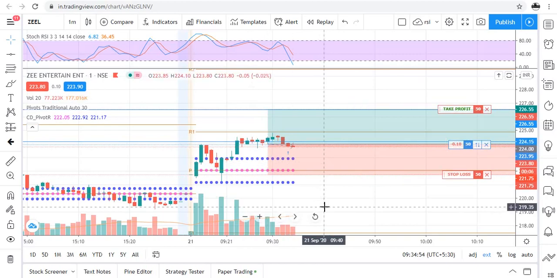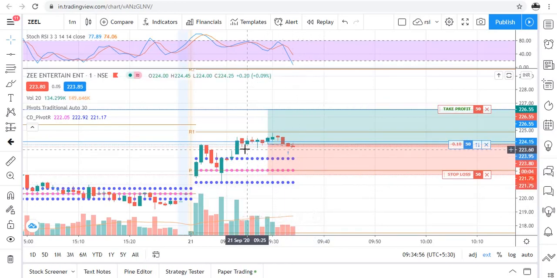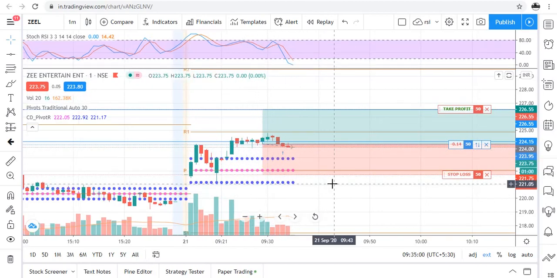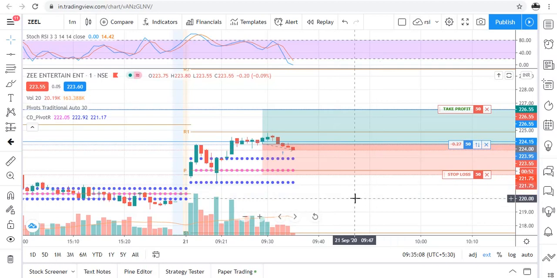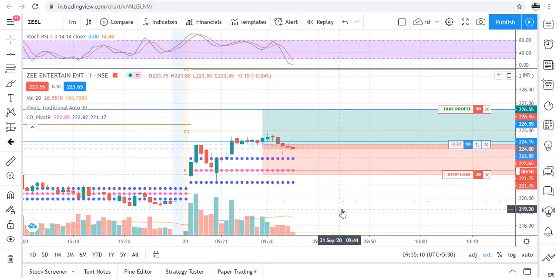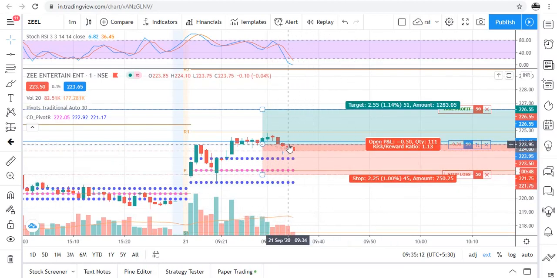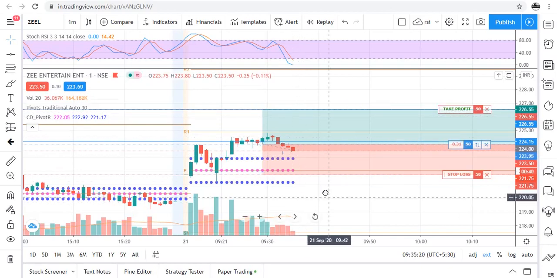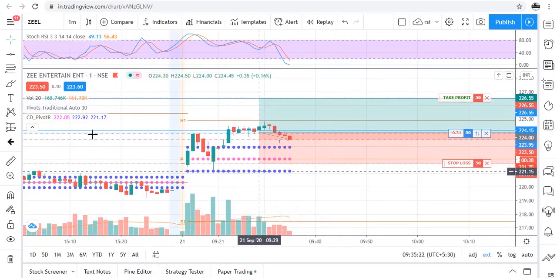It has been seen many times by me that when a price spends some time near the resistance, there are many chances that it can break and give a good momentum towards either side. So my view towards this Zeal is bullish, so I made a buy order and our target is the second resistance line.